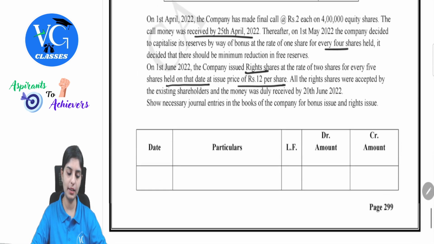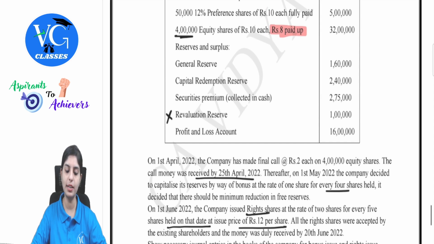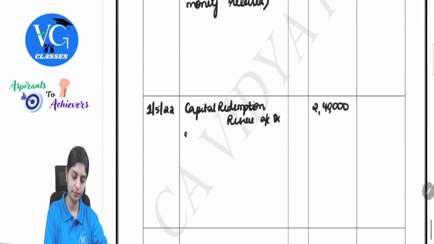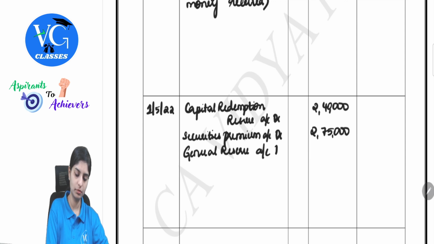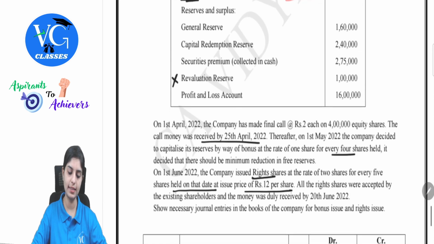Next would be capital reserve. Is there a capital reserve balance? No. So then securities premium 2 lakh 75,000. Securities premium account debit 2 lakh 75. Then we have general reserve. General reserve is 1 lakh 60,000.